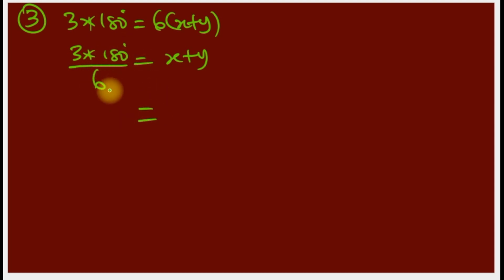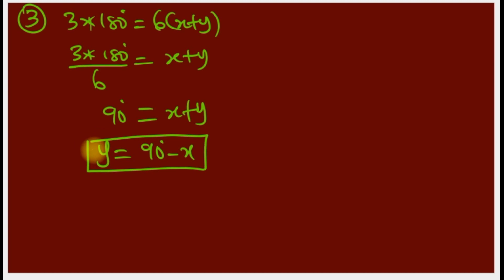The next one, we can divide. 3 in 6 is 2. 2 in 180 is 90. But they told us to make y stand alone. So y standing alone, x moves. So we have 90 minus x. So that's it. That's our answer. We've made y the subject of formula, or we've written it in terms of x.